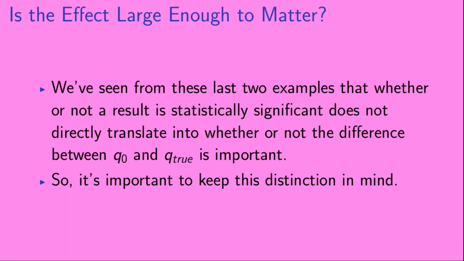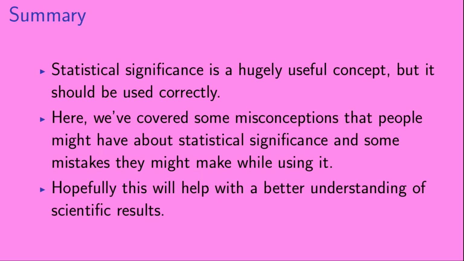Okay, so we've seen from these last two examples that whether or not a result is statistically significant does not directly translate into whether or not the difference between Q naught and Q true is important. So it's important to keep this distinction in mind. Okay, let's summarize.